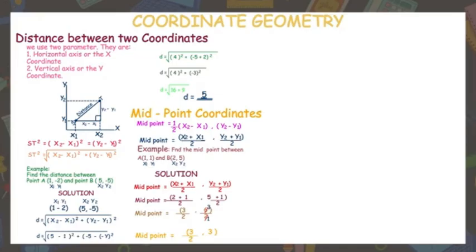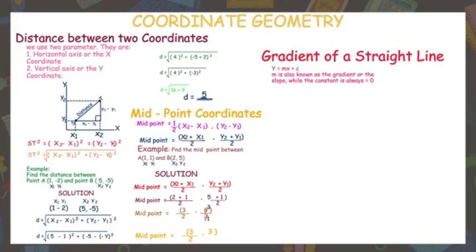Now here we are also going to look at the gradient of a straight line. In our straight line equation, you know the equation to be y equals mx plus c, that is, y is equal to mx plus constant c.